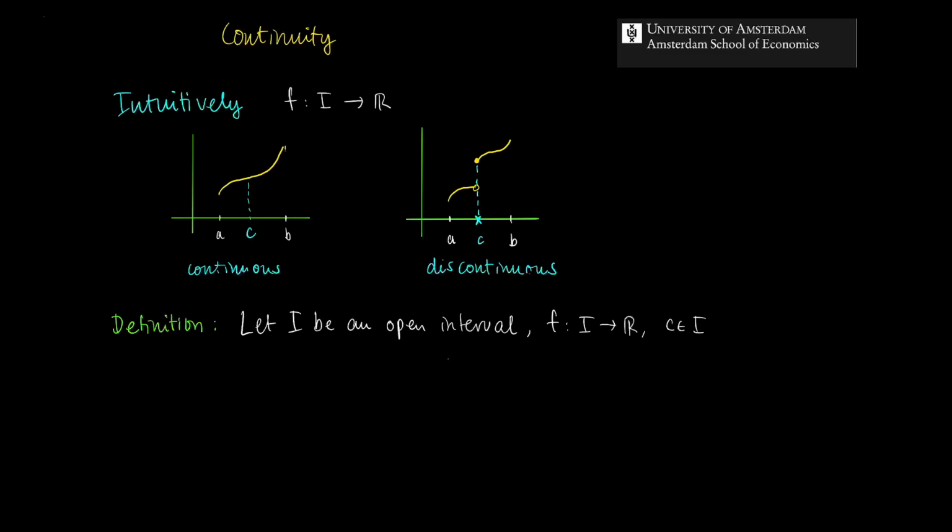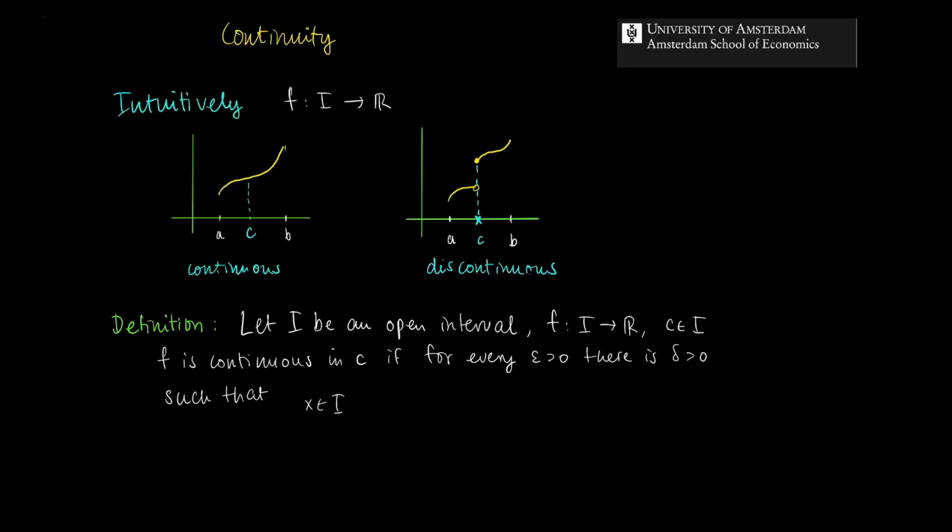Then what is meant by f being continuous at c is the following: for every epsilon larger than 0, there is a delta, which may depend on epsilon, such that if we take x in the domain at distance at most delta from c, then also the images are nearby.